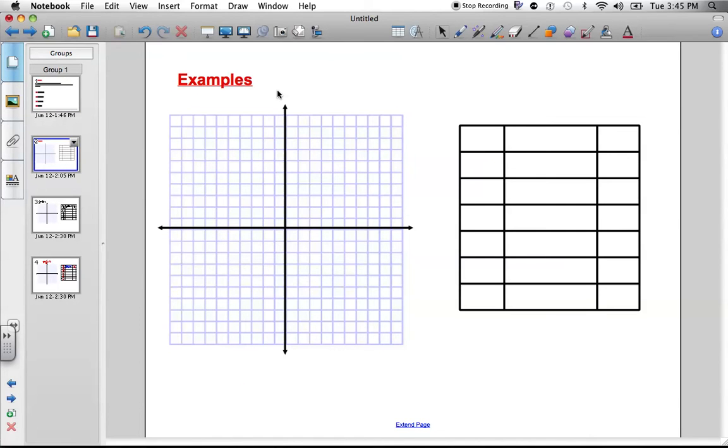So let's look at an example here. Let's say I give you the equation y equals x. This is what we call the parent function for linear equations, okay?